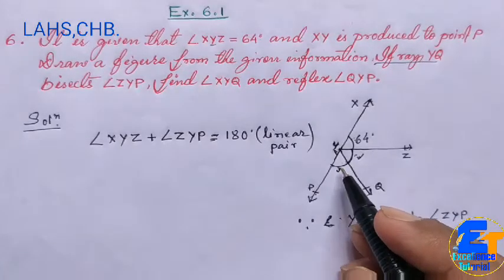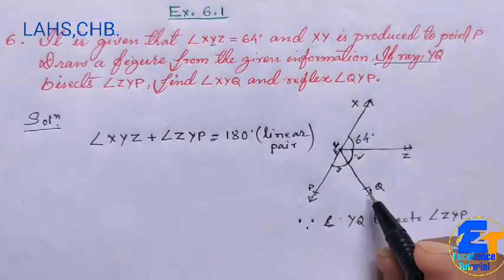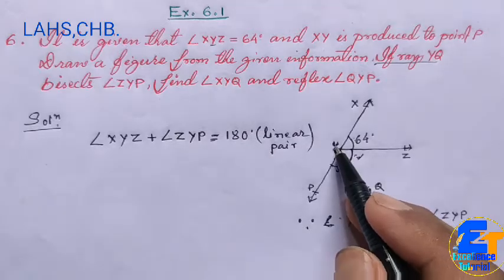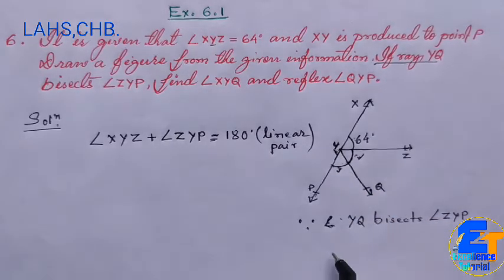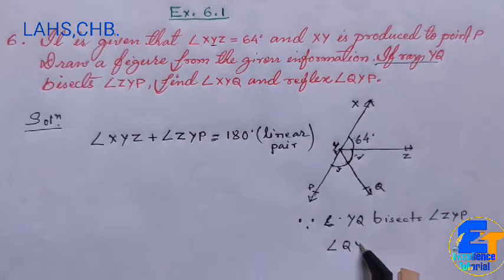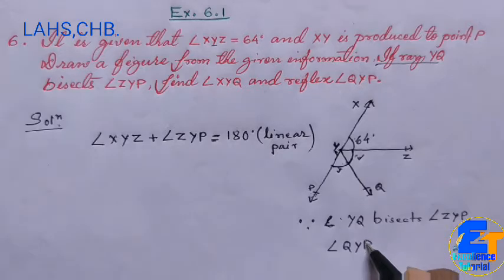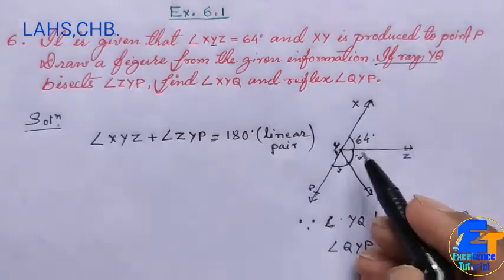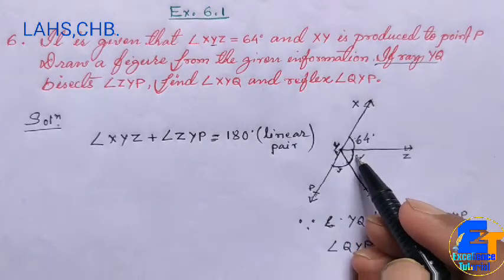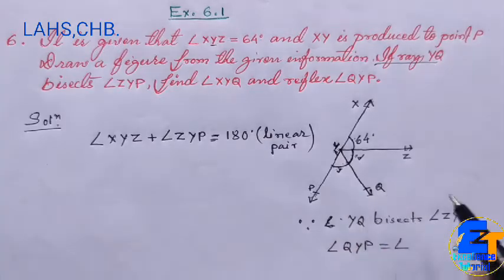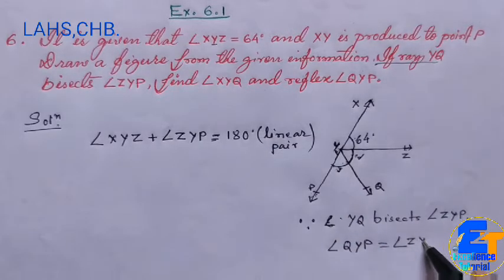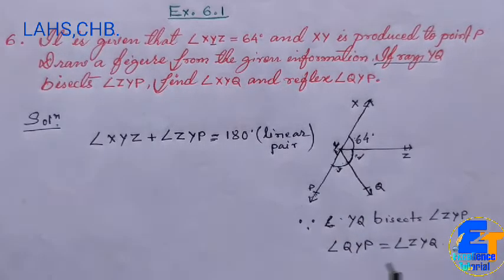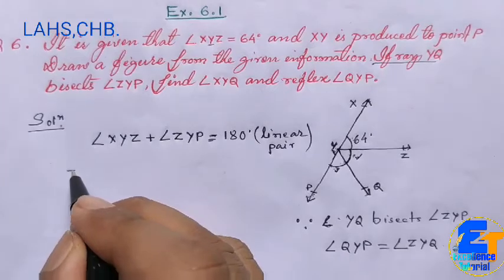The name of this angle we can write as PYQ or QYP. So angle QYP will be equal to which angle? This angle. These two angles are equal. The name of this angle is ZYQ.